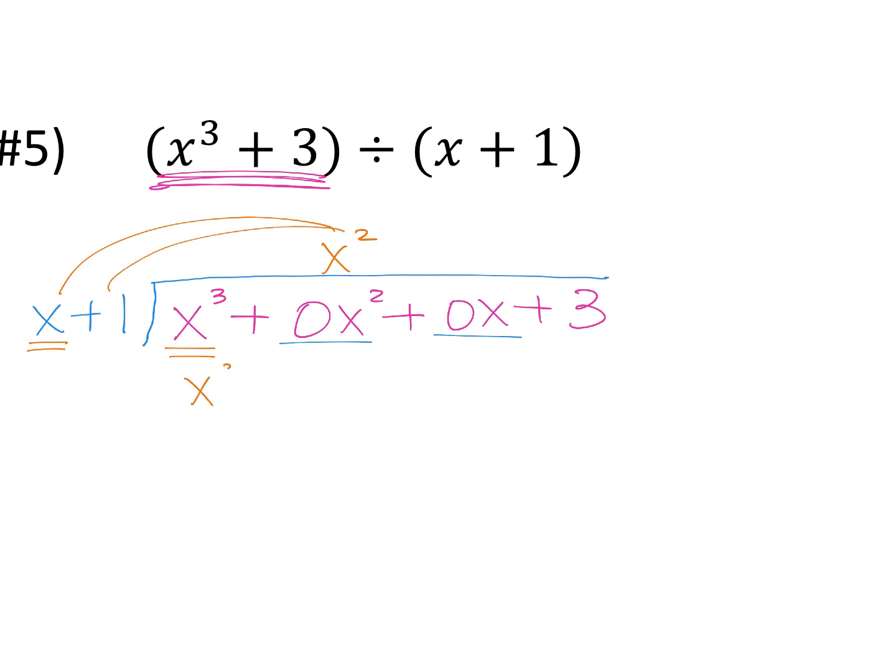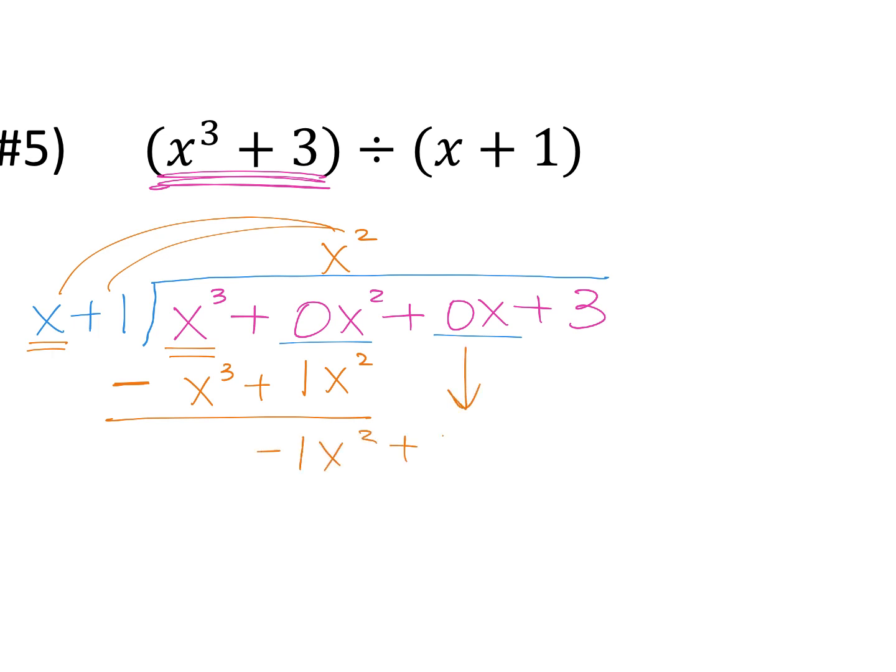So that's x to the third plus 1x squared. I would write it as 1x squared because the people that just write x squared often call this 0, and then it's wrong. So I always put the 1 in. So 0x squared minus 1x squared is what? A negative 1x squared, okay?